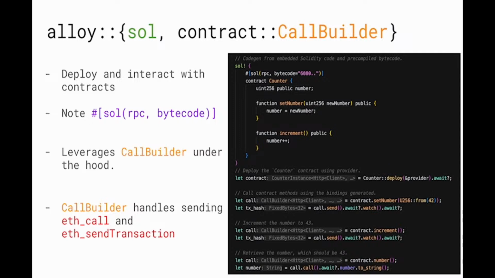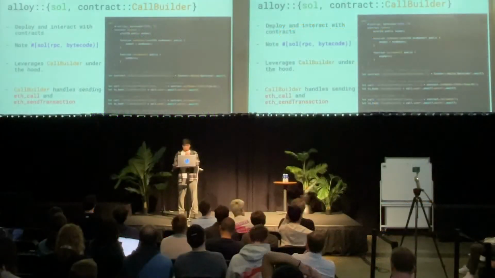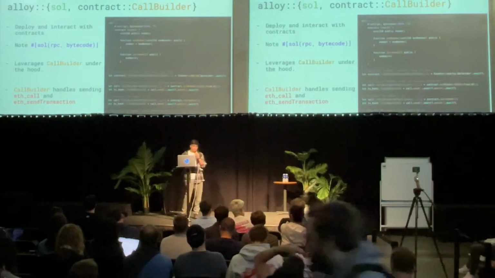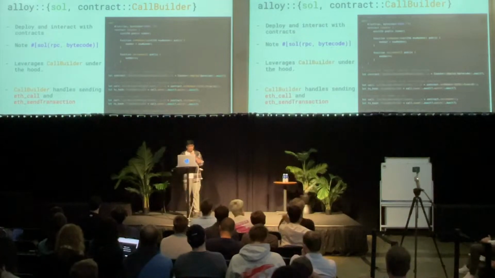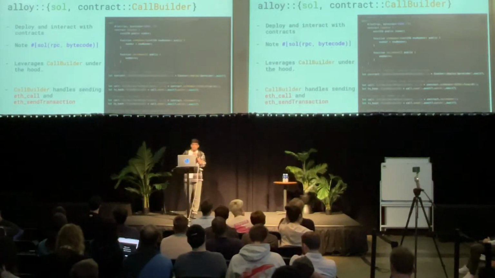To do that, we have the RPC and the bytecode attributes in the Sol macro, which essentially let you create bindings and communicate with the on-chain contract. It can also let you deploy contracts if you specify the init code in the bytecode attribute. How does it do this?